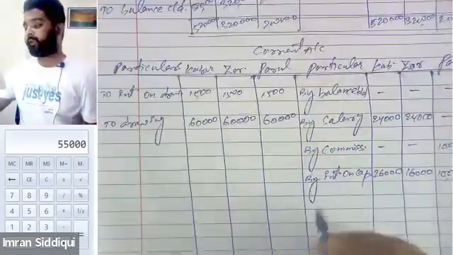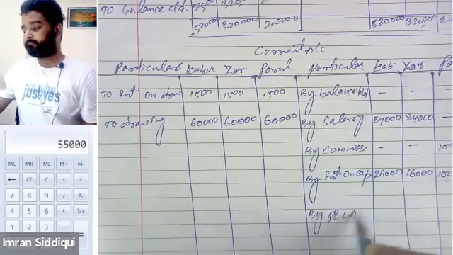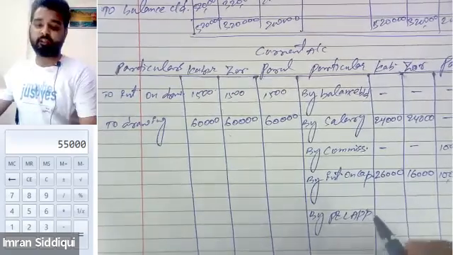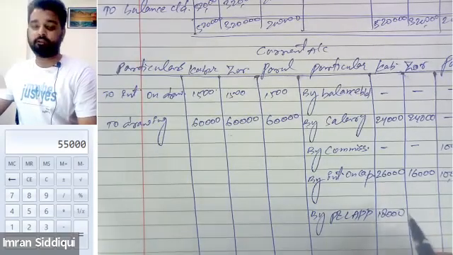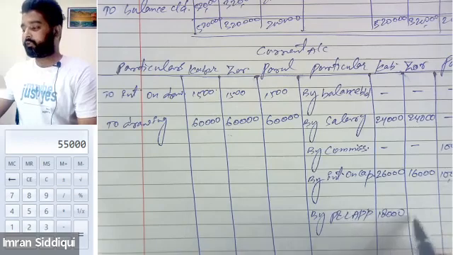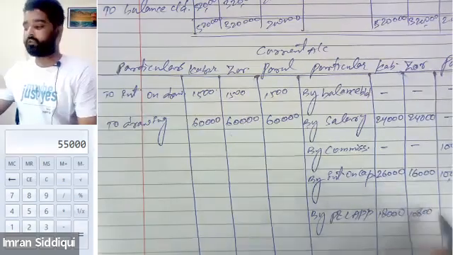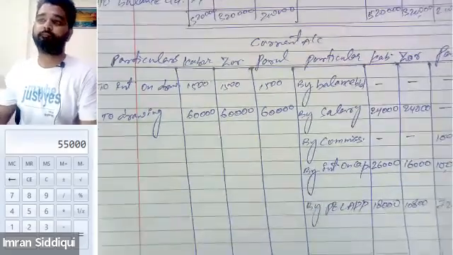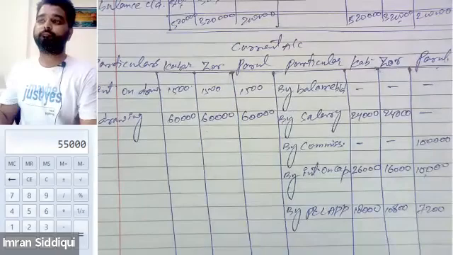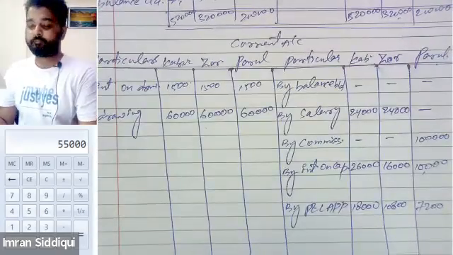So we'll write down by P&L appropriation: Kabir has got 18,000 as his share of profit, Zorawar got 10,800 as his share of profit, and Parul has got 7,200 as his share of profit. Am I clear, everyone? Is this clear, Renosh and Halima? Yes.